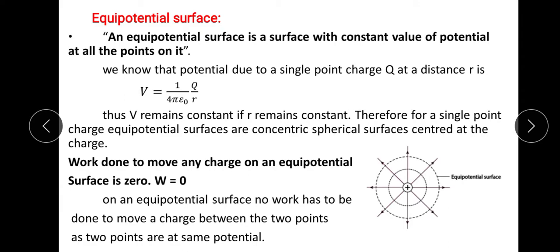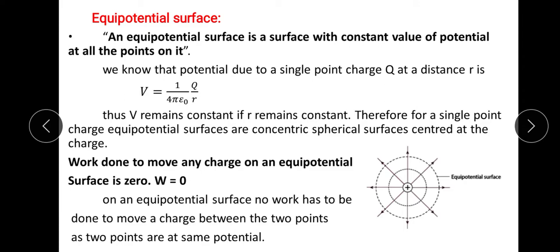Now, a very important result is that the work done to move any charge on an equipotential surface is 0, that is W is equal to 0. So consider this equipotential surface. Let me assume two points on the circumference of a circle.